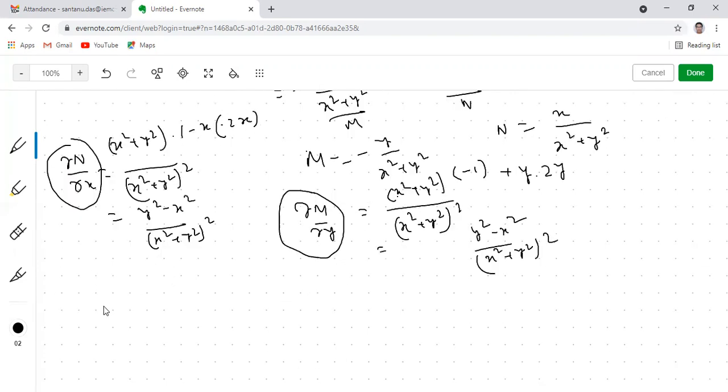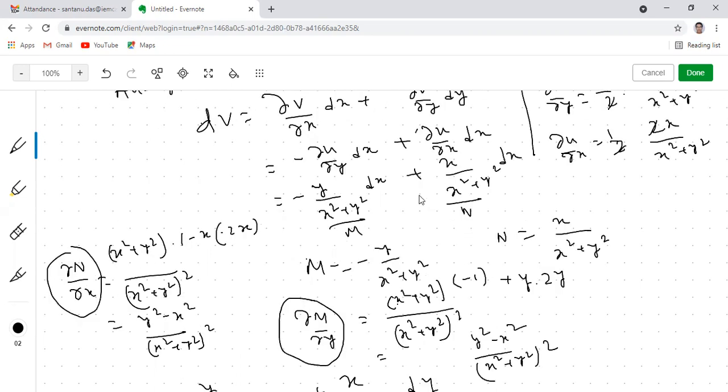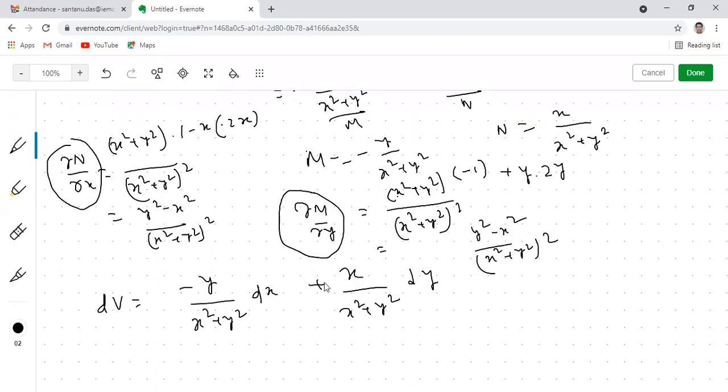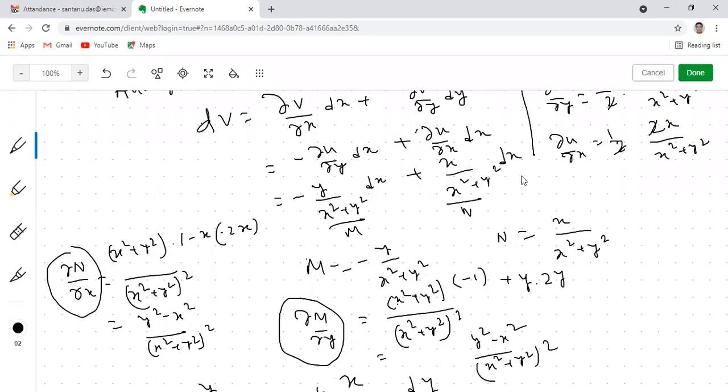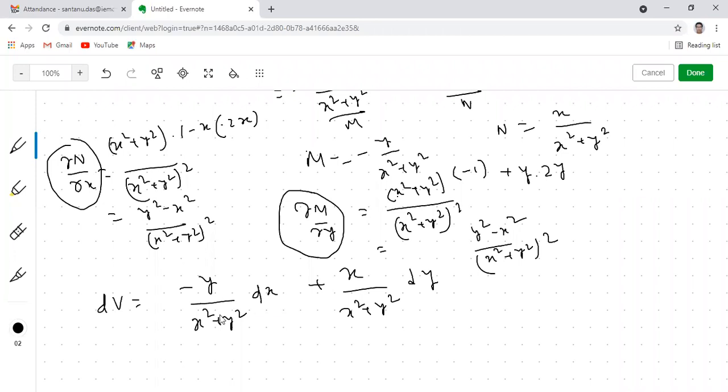So what is our differential equation? dv equals minus y by x square plus y square dx plus x by x square plus y square dy. So this is your differential equation. Sorry, this is dx and this is dy.